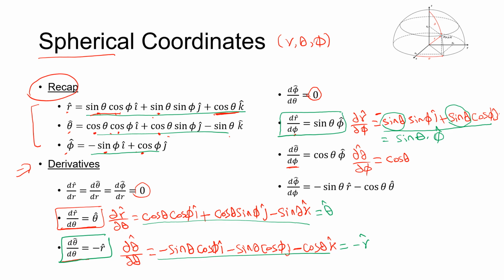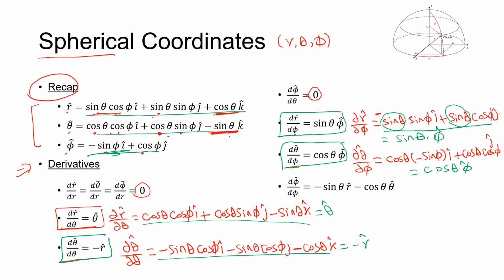Cosine phi gives minus sine phi in the i direction. Again, cosine theta, and sine phi brings cosine phi in the j direction, and again we have no dependency on phi, so we get a 0. If you simplify, you will find this equal to cosine theta multiplied by phi, so this one is also proved.